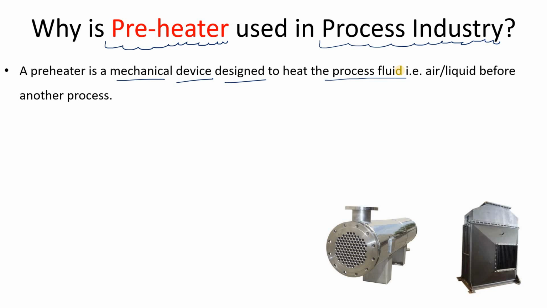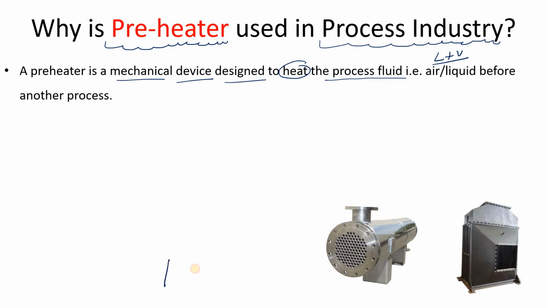That process fluid could be a gas, a liquid, or a mixture of liquid plus vapor, and it is heated before going into another process. That's why we use a preheater. I hope you are understanding what I am telling you. A preheater is a mechanical device designed to heat or preheat the process fluid before another process.